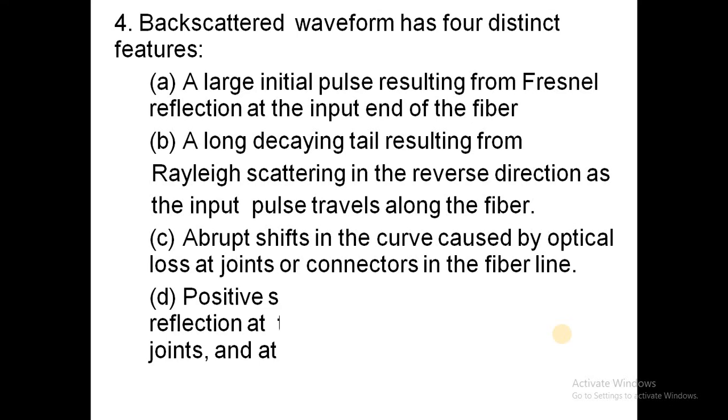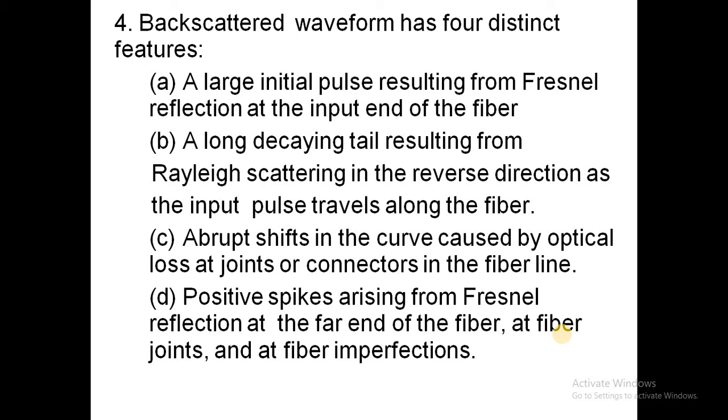And positive spikes arising from the Fresnel reflection at the far end of the fiber, at fiber joints and at fiber imperfections, which occur during optical fiber manufacturing. So these are the 4 different features.